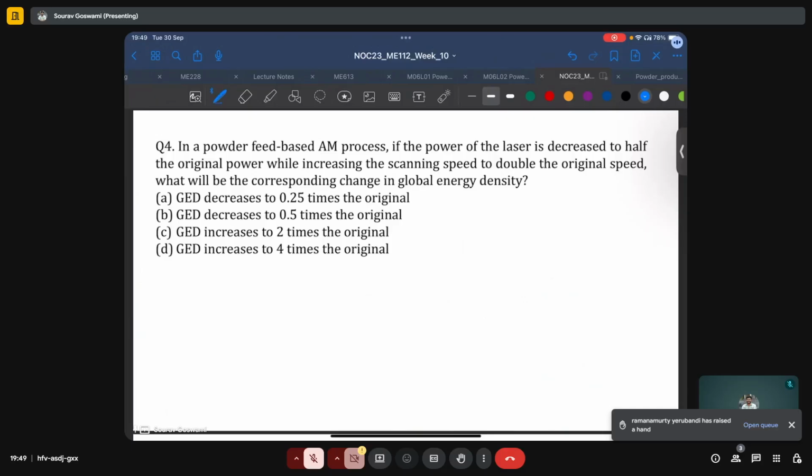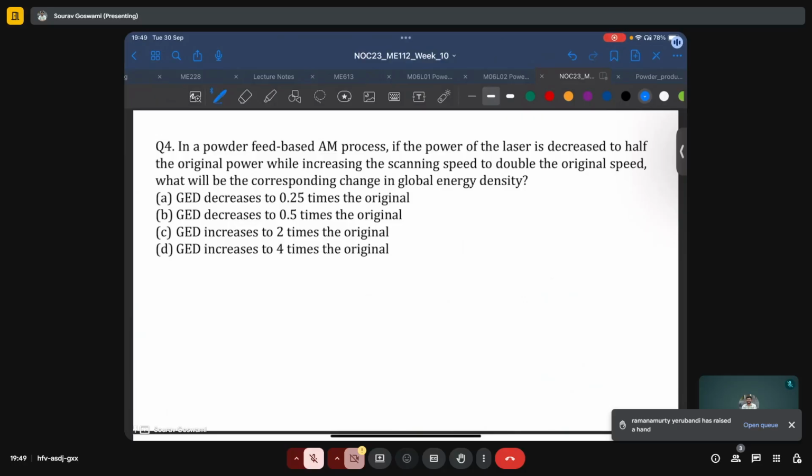is decreased to half the original power while increasing the scanning speed to double the original speed, what will be the corresponding change in global energy density? Now, global energy density can be calculated by a straightforward formula that is already separated in the slide.